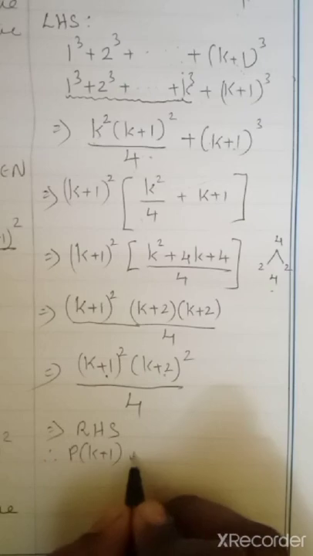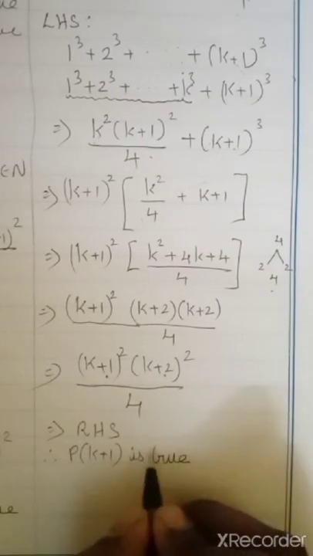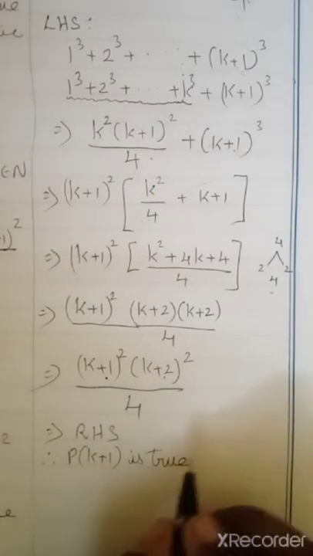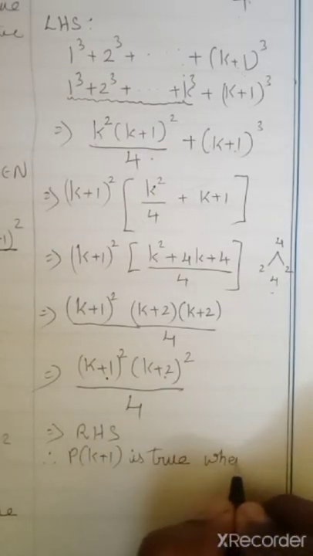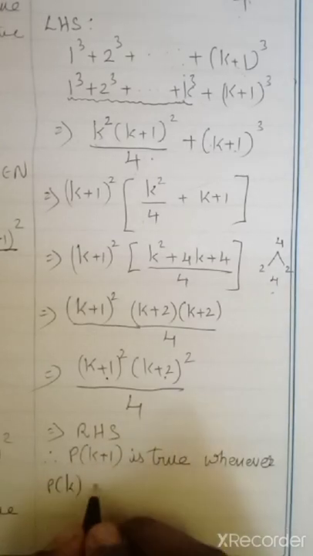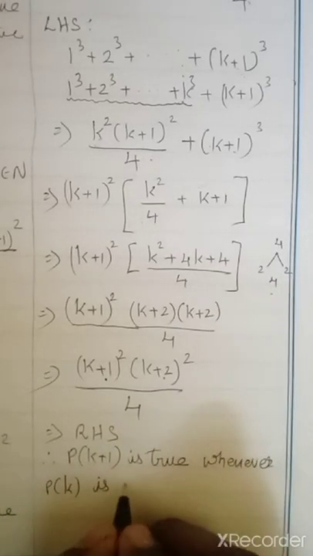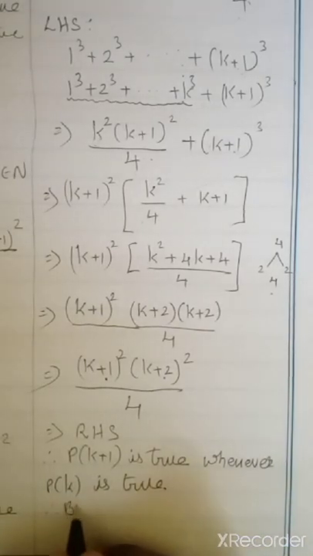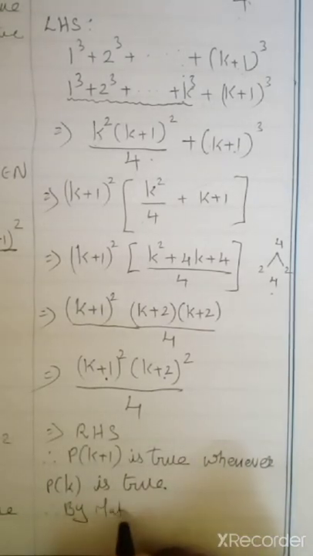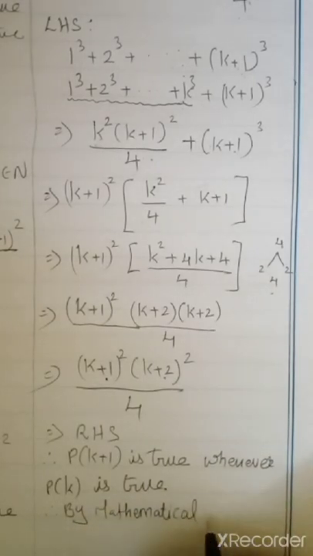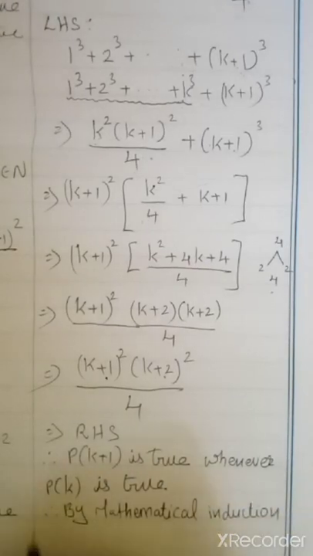k plus 1. This is all common. You have to write it for all the questions. Therefore, p of k plus 1 is true whenever p of k is true. So whenever p of k is true, p of k plus 1 is also true. Therefore, by mathematical induction, this step is very, very important.